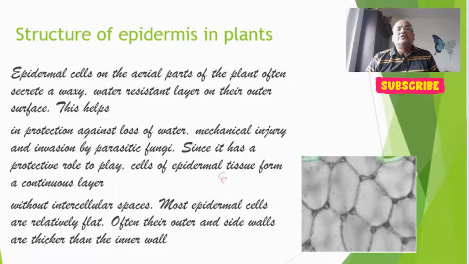Now let's see the structure of epidermis in plants. The epidermal cells on the aerial parts of the plants often secrete a waxy water resistant layer on their outer surface.